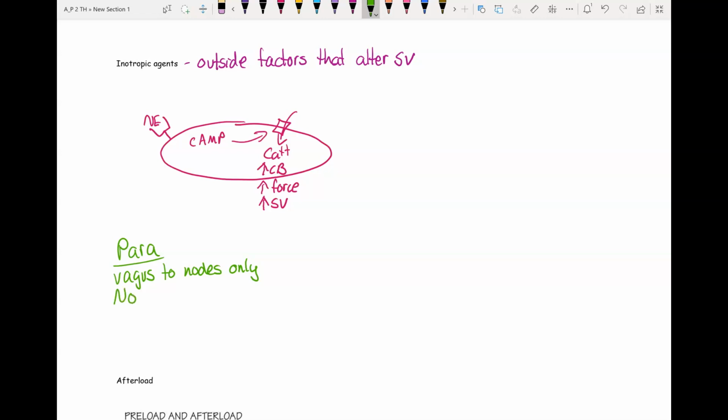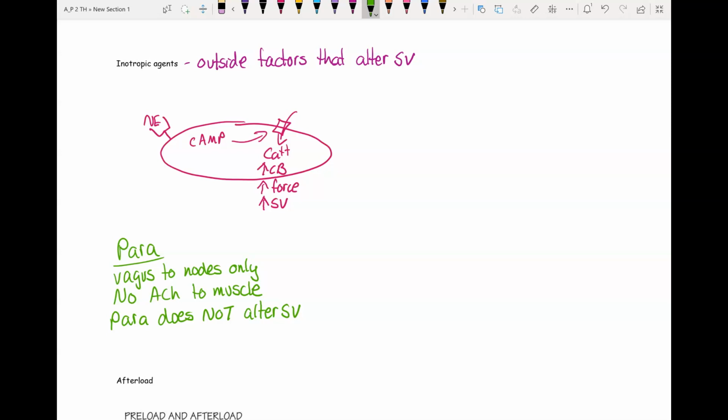So there is no acetylcholine to the muscle cells. So parasympathetic has no effect on force, and does not alter your stroke volume.